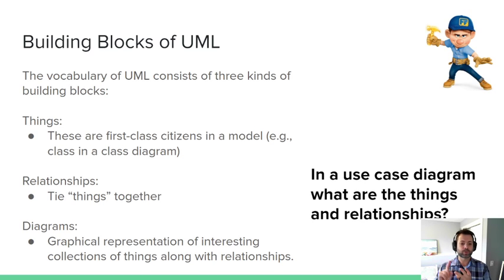So you have a thing, and you have a relationship. This is how these things relate to each other. You all got a feel for that a little bit already with those extends and includes in use case diagrams. When we get to class diagrams, if you have a generalization or an association or a composition, these are all relationships between artifacts.